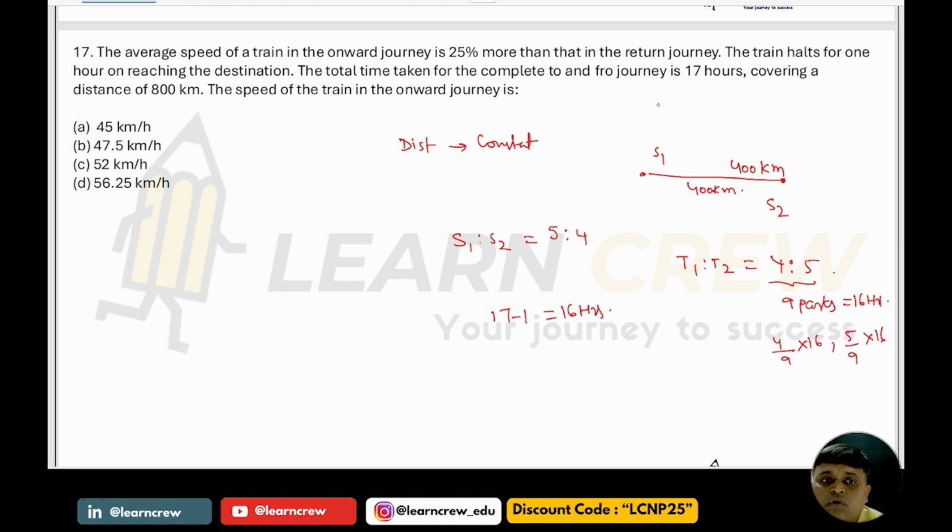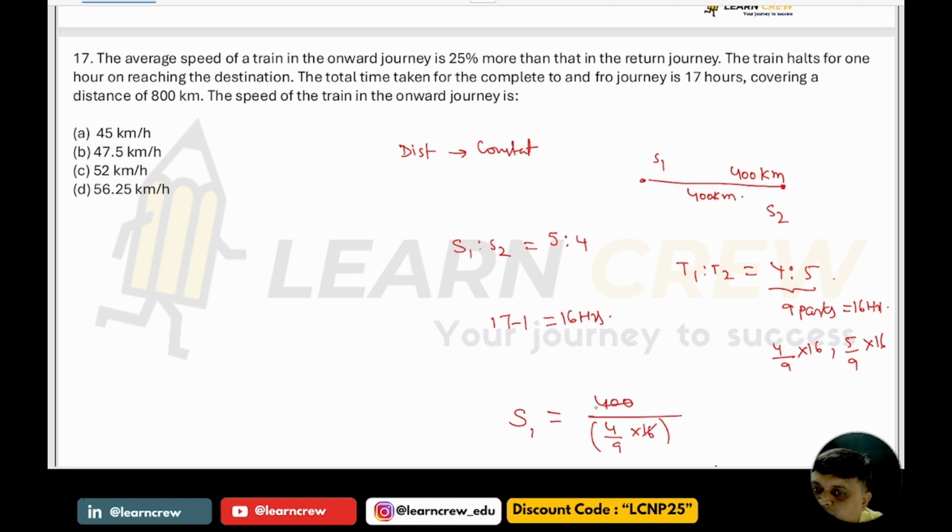Now what is asked here? The speed of the train in the onward journey, which means S1. S1 is equal to distance by time. The onward time is 4 by 9 into 16. 16 25s are 400, and 25 9s are 225.